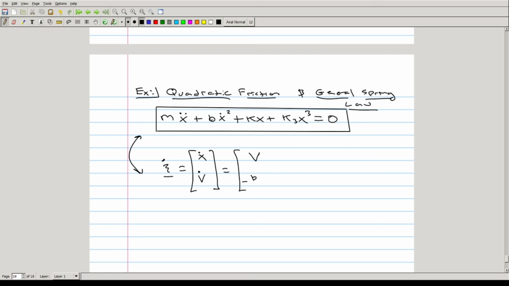It'll be negative b over m v squared minus k over m x minus k3 over m x cubed.